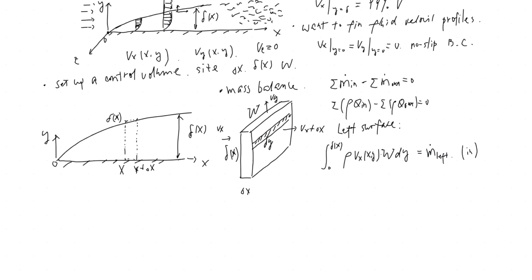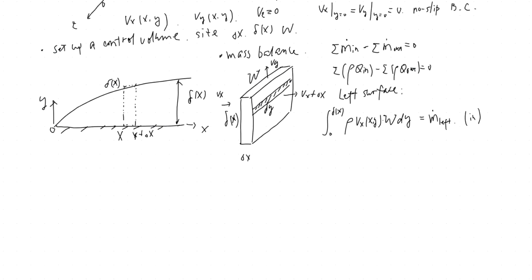Now let's look at the right surface. For the right surface, we still need to do integration, so we have 0 to delta, we still have density rho.